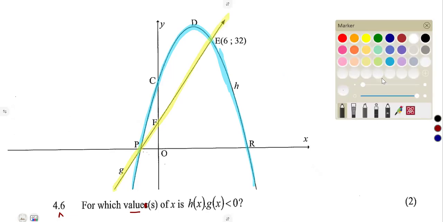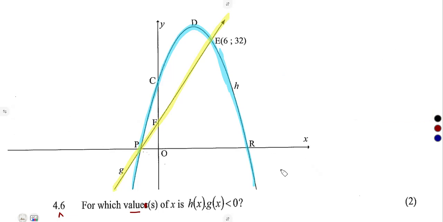So they're asking, where do we have the product h(x) times g(x) less than 0? Remember I said whenever we've got something like this, the critical values are what is important. Our critical values are the x-intercepts.